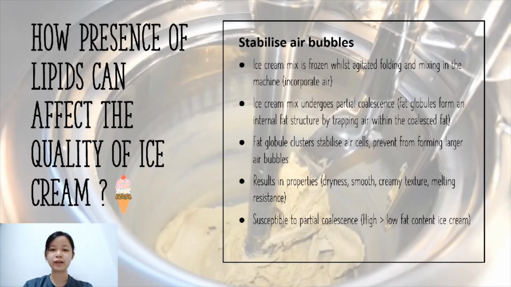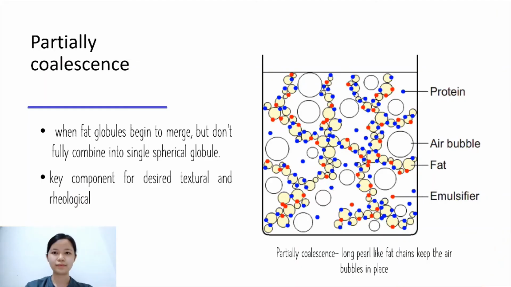Right now I'm going to continue with the fifth effect, which is to stabilize air bubbles. During dynamic freezing, where the ice cream mix is frozen in an ice cream machine whilst being agitated by folding and mixing actions, the ice cream mix will undergo partial coalescence. Partial coalescence occurs when fat globules begin to merge but don't fully combine into a single spherical globule.